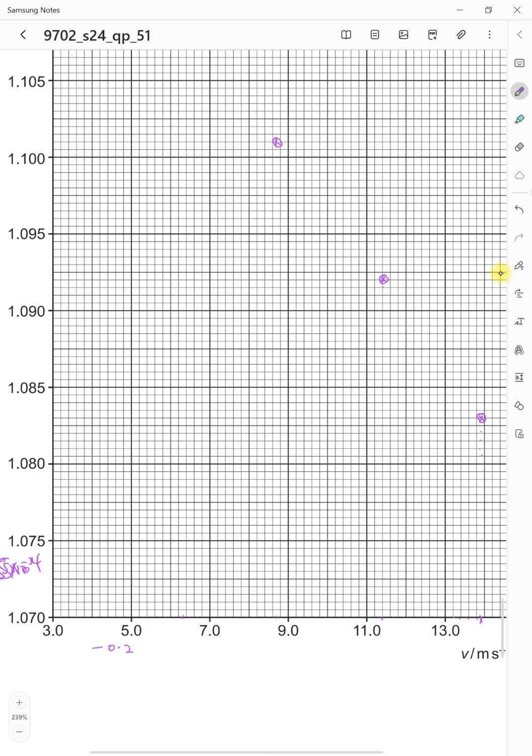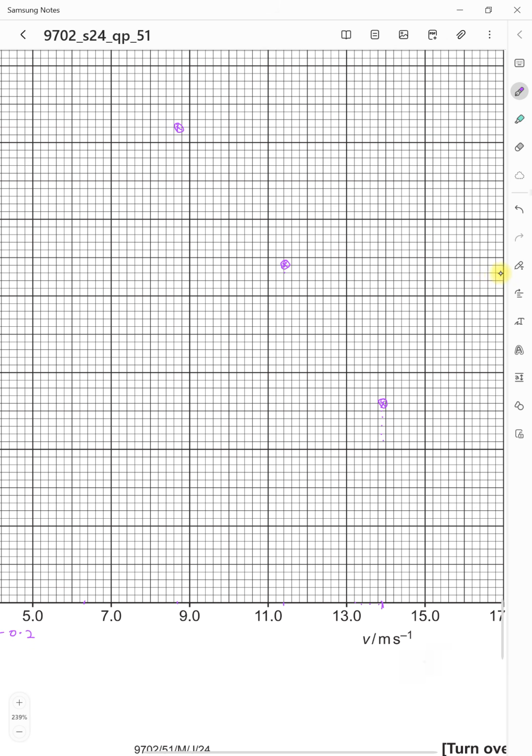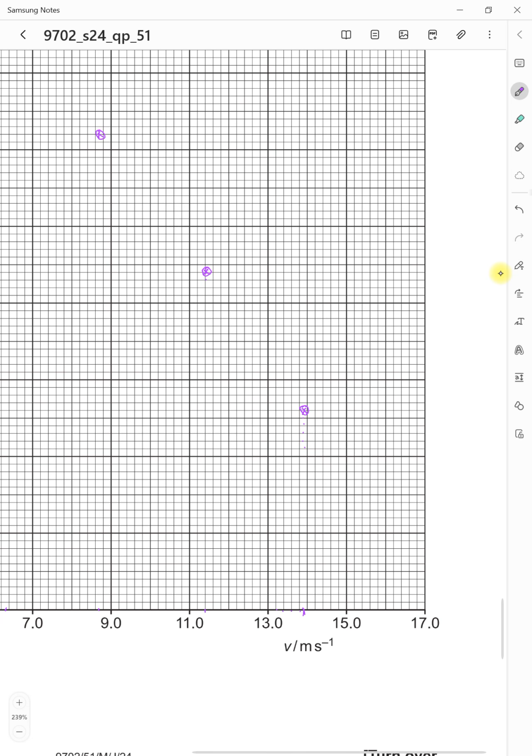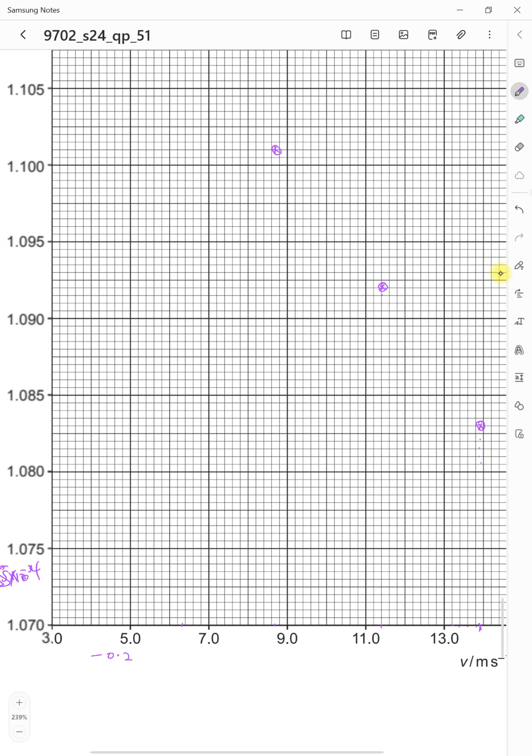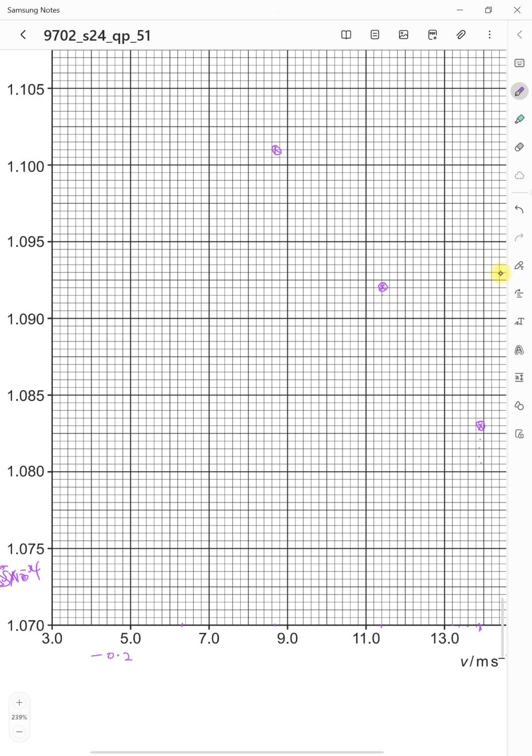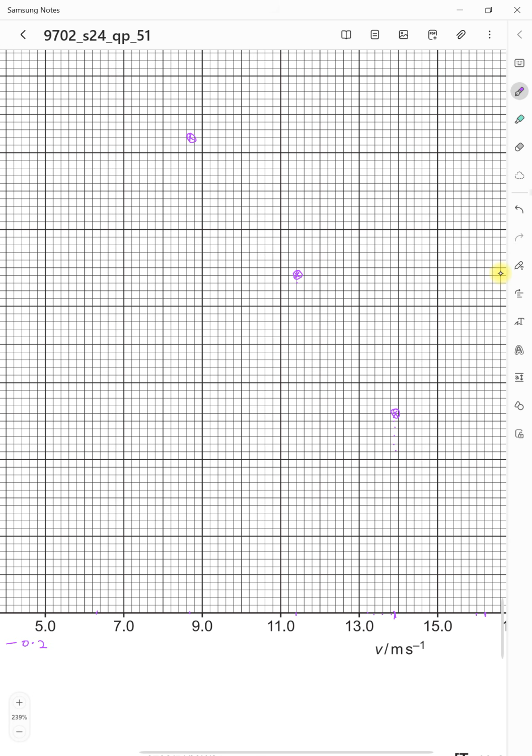The next, the last one, is 16.2. This is 16.2 here. I'm going to plot that against 1.074.